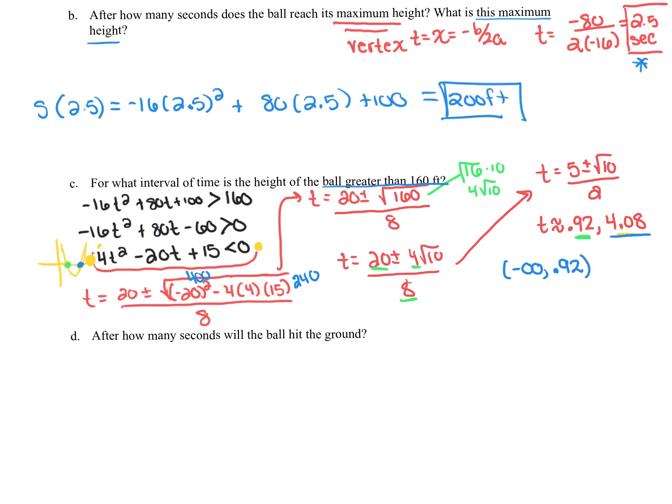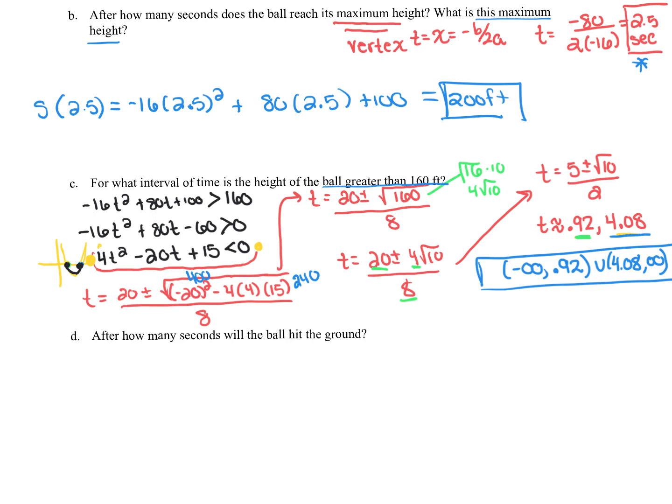From 0.92 until I get to 4.08, I am underneath the x-axis. And then I cross the x-axis at 4.08, and I am greater than that until I get to infinity. So here are my 2 answers.